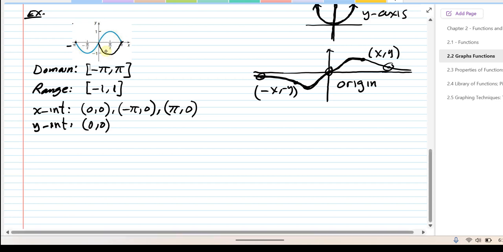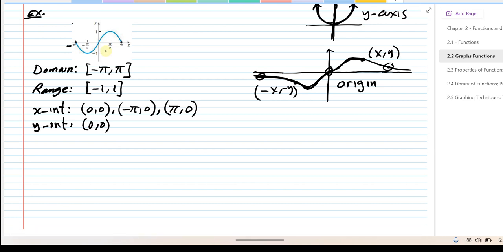And that defies the definition of a function. So functions will never be symmetric with respect to the x-axis, because if they are, they fail the vertical line test, right? So functions are never symmetric with respect to the x-axis.